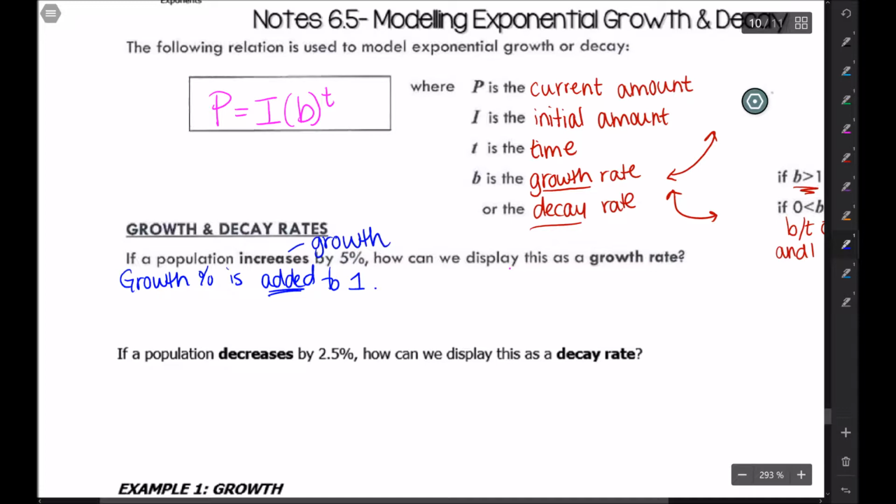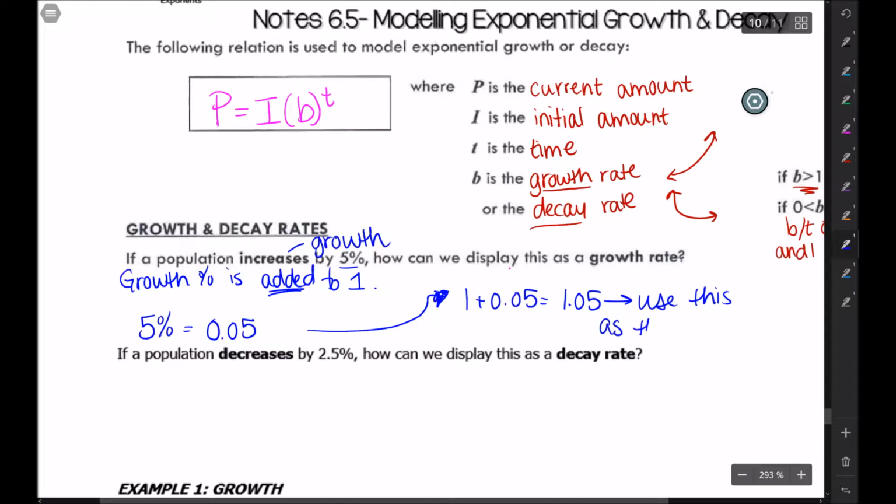Okay, so if it's 5% here, we would write 5% as a decimal, which is 0.05. So we're going to do 1 plus 0.05 is 1.05. So this right here is going to be the base.